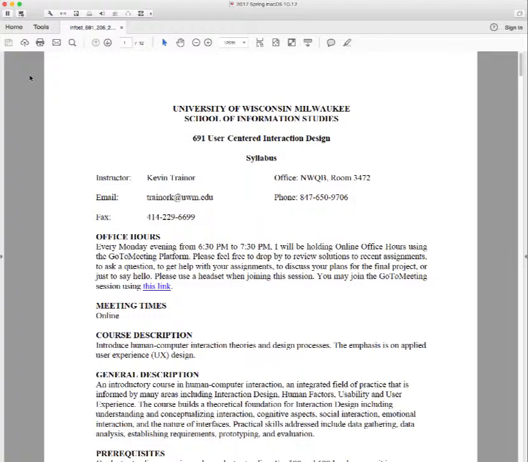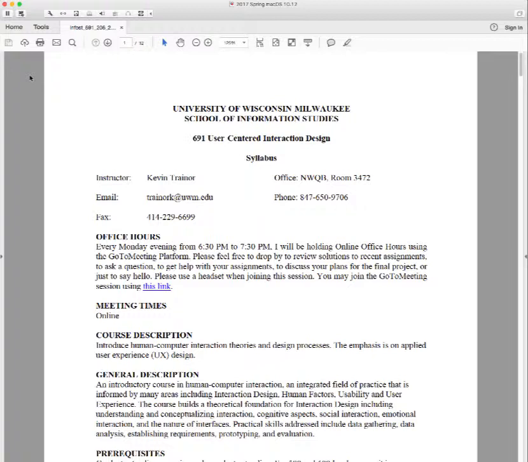So again, the course that you registered for was probably officially called Special Topics in Information Studies or something like that, 691. That's a category that we use for courses that we haven't secured an official course number for. And this one is on its way to being 581 instead of 691. But it's called User-Centered Interaction Design.